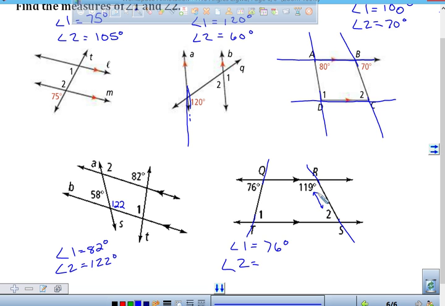Supplementary, because what are those two angles called? Not vertical. It's one of them that we learned today. Same side interior, and same side interior are supplementary. So 180 minus 119 gives us 61 degrees. Very good.